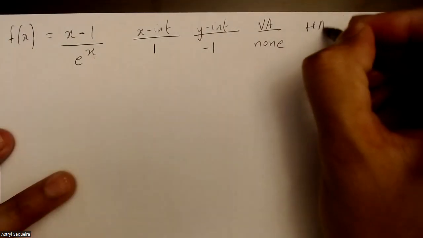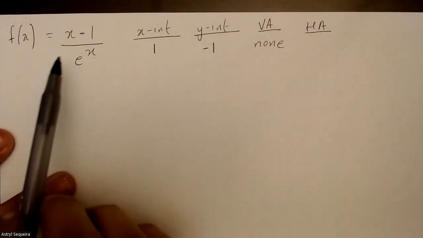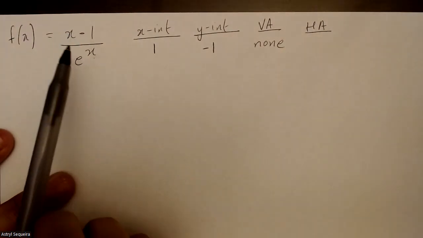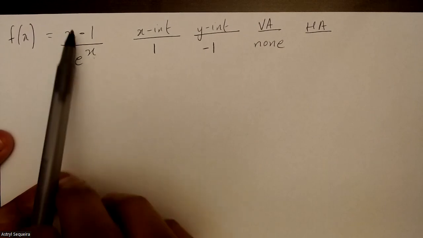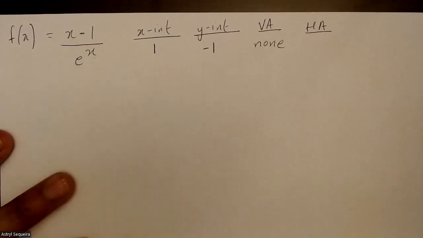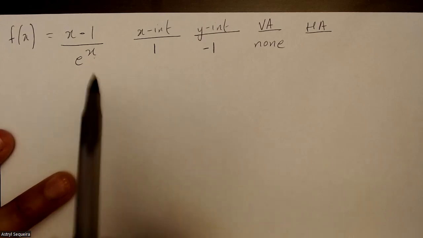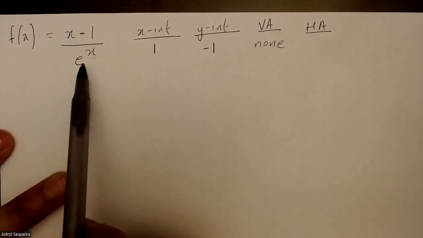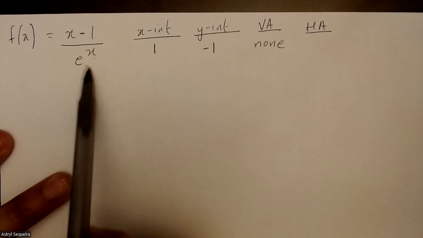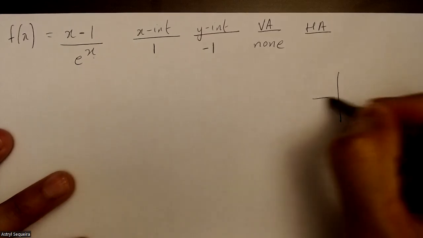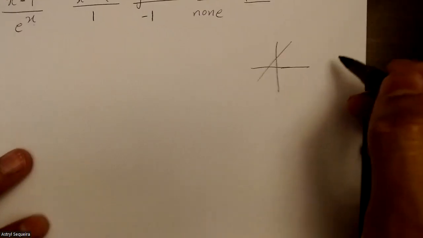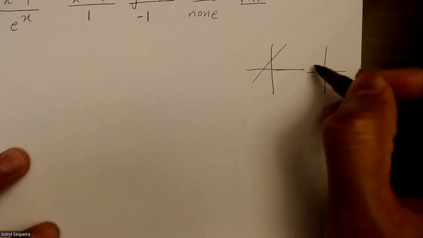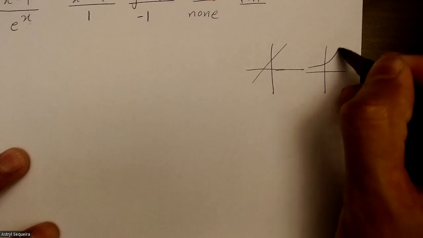For the horizontal asymptote, the rules are not usual because we generally have a polynomial function on the top and a polynomial function on the bottom, and we use the degrees to find out whether it's horizontal or oblique. But what happens when you have a linear function over an e function? Well, a linear function we know is just a straight line like that, and an e function is like this.